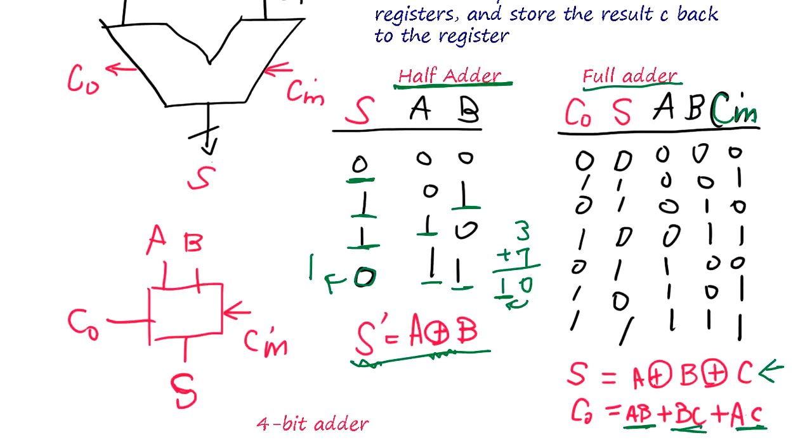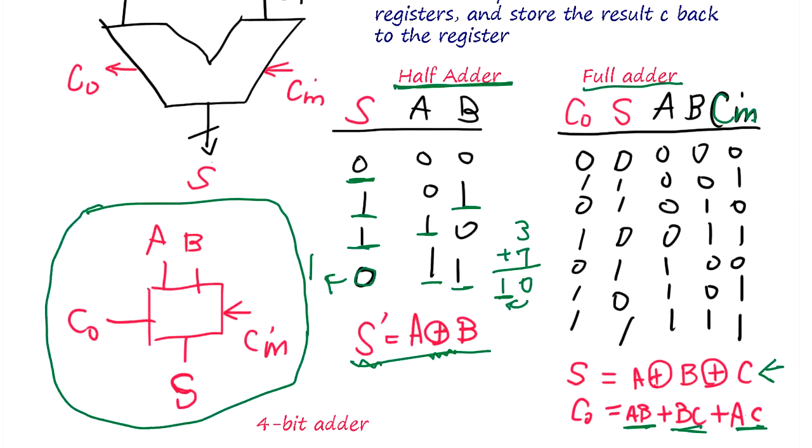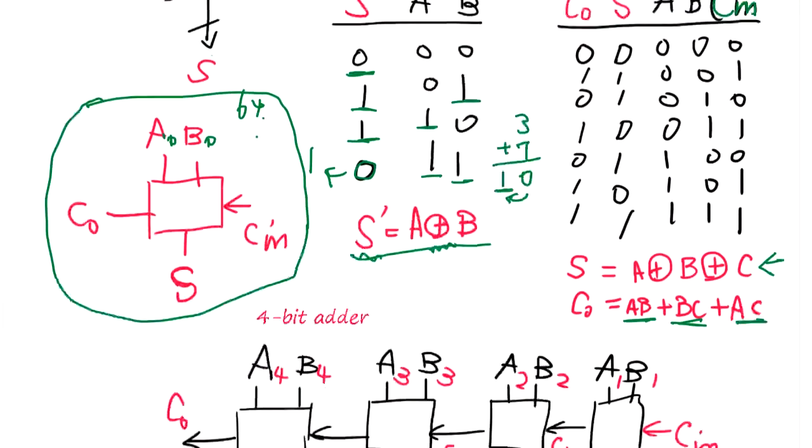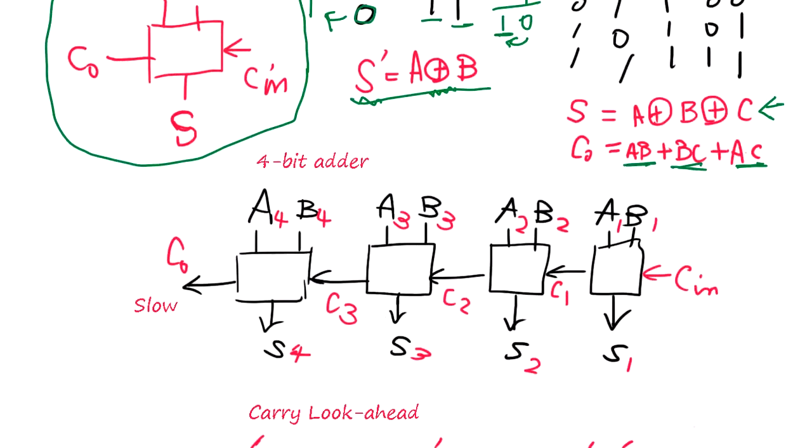So the full adder is written this way. Then we repeat this 64 times, once for each bit: A0, B0, A1, B1, A2, B2, A3, B3, and so on. 64 bits of them. So you have a simple adder.